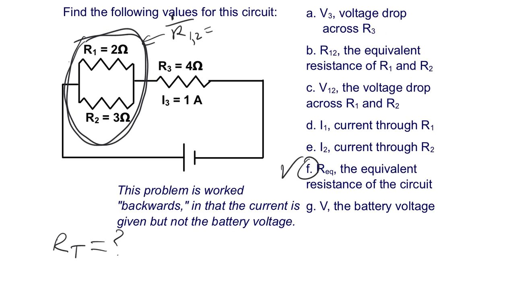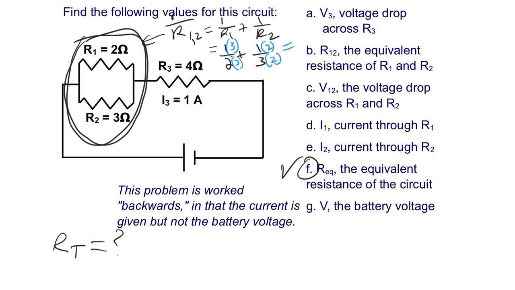Well, the equation for the resistance of a parallel circuit part is 1 over R1 plus 1 over R2 equals 1 over the equivalent resistance of just that piece. So that equals 1 over 2 plus 1 over 3. Again, you can use your calculator. I just like using common denominators.